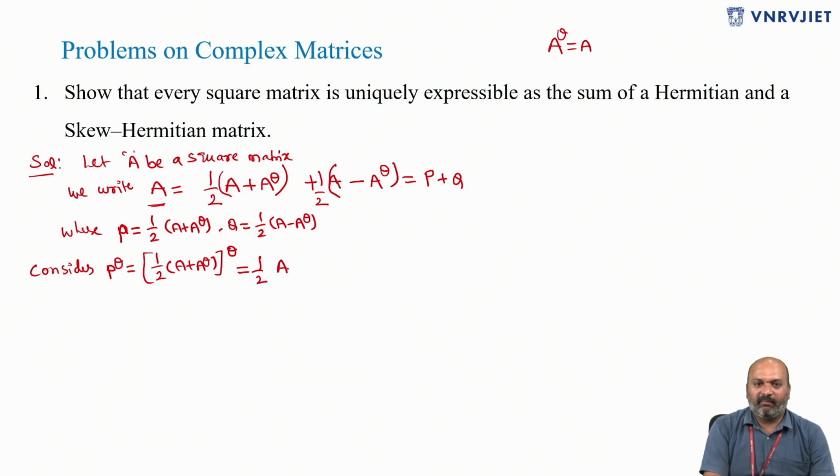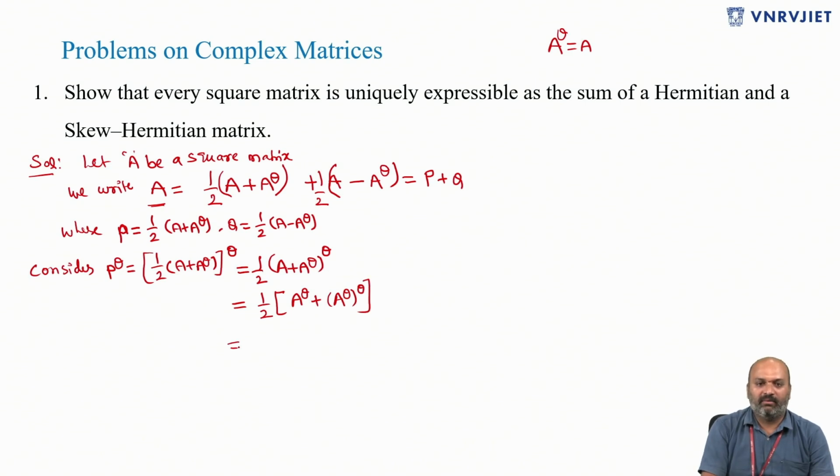And now, power theta of A plus A theta, whole theta, is equal to 1 by 2 times the expression in the form A plus B power theta, which as we know is A theta plus B theta. What is B? B is A theta, so A theta power theta.